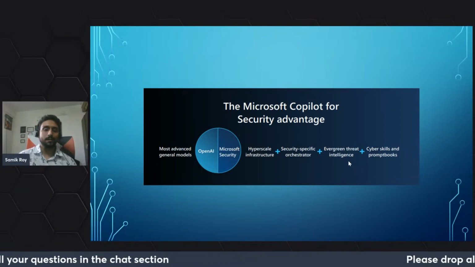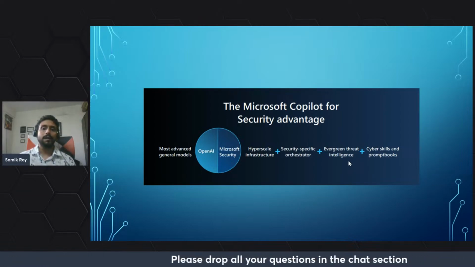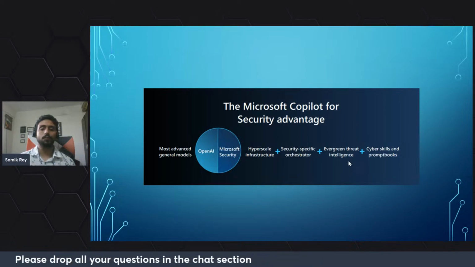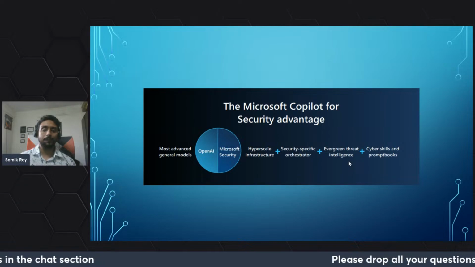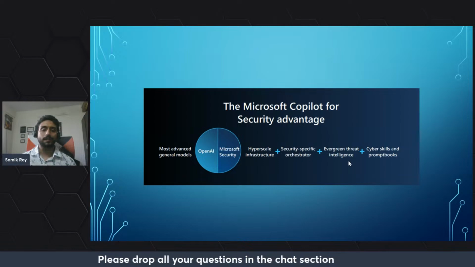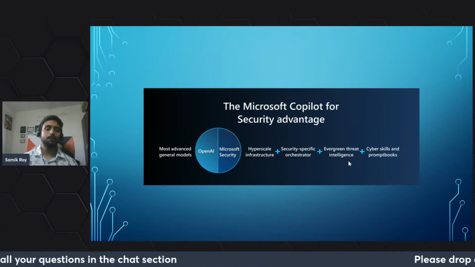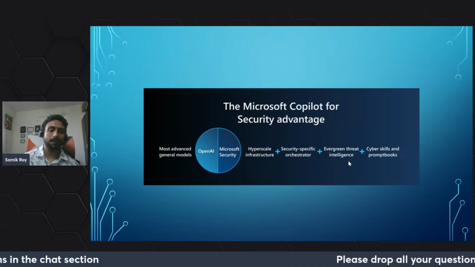Then obviously, as you know, cybersecurity is not a very widely available skill. Let's say an analyst who has been working over 10 years in this domain might have an idea of what to do if an alert named brute force or a password break comes in. What are the steps? Do we need to check the IP addresses first? Then check the user sign-in, then the user location, and so on. These steps are called playbooks in security.